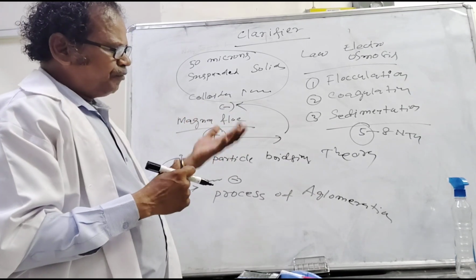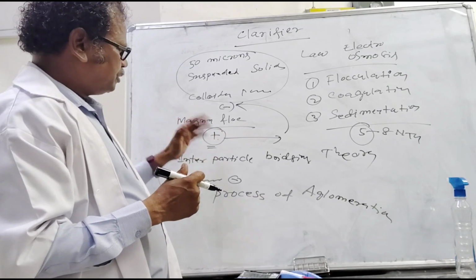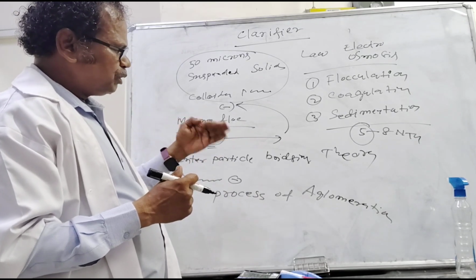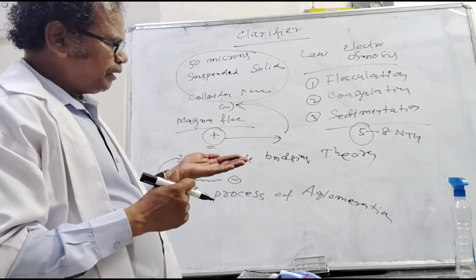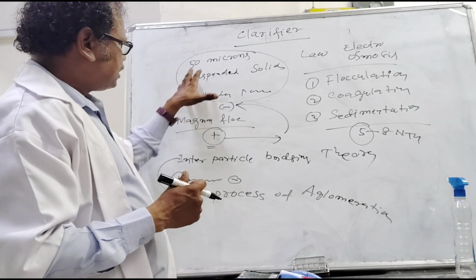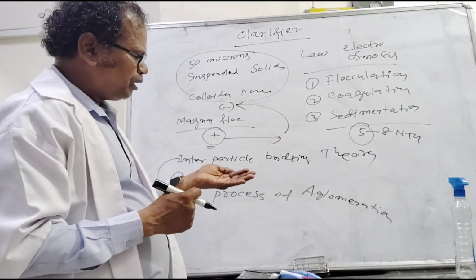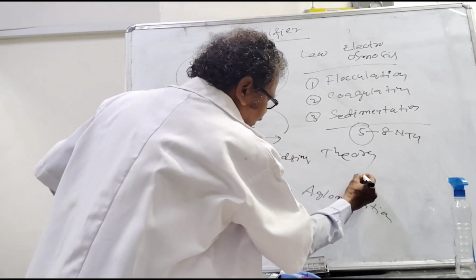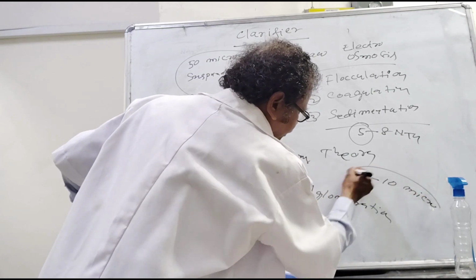The clarifier outlet is going to the anthracite filter. In the clarifier the suspended particles are 50 micron. At the anthracite outlet we are getting 8 to 10 micron particle size.